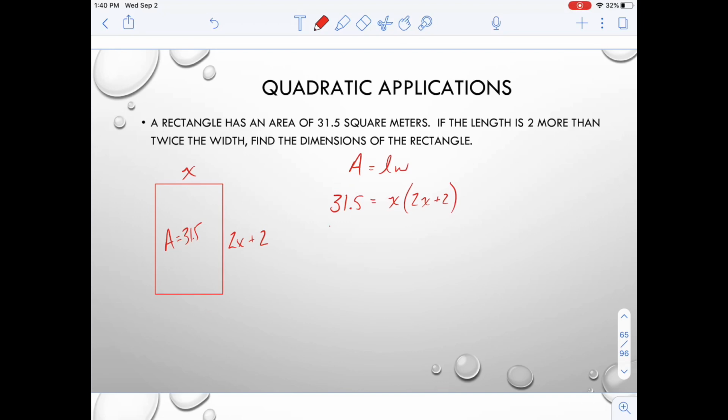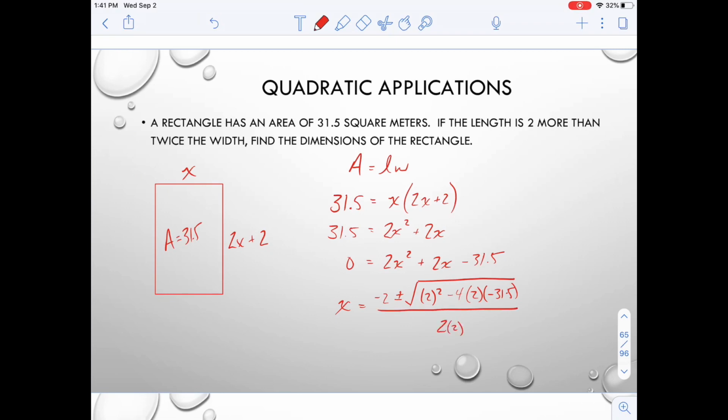And when I distribute, I'm going to have 31.5 equals 2x squared plus 2x, or 0 equals 2x squared plus 2x minus 31.5. All right, again here, I'm going to use the quadratic formula, so x equals the opposite of 2 plus or minus the square root of 2 squared minus 4 times a times c, all divided by 2a.